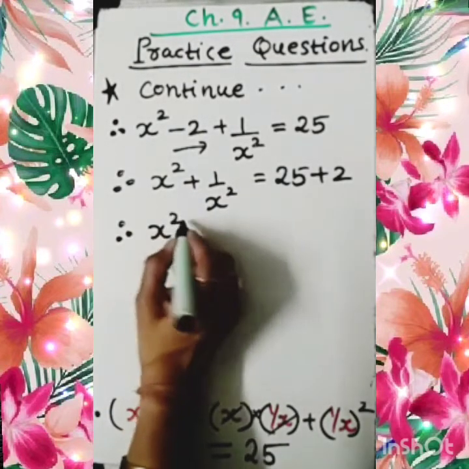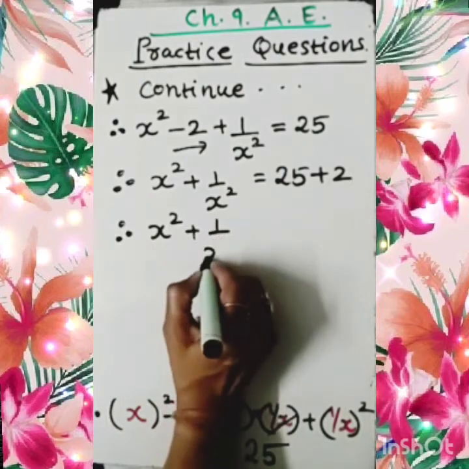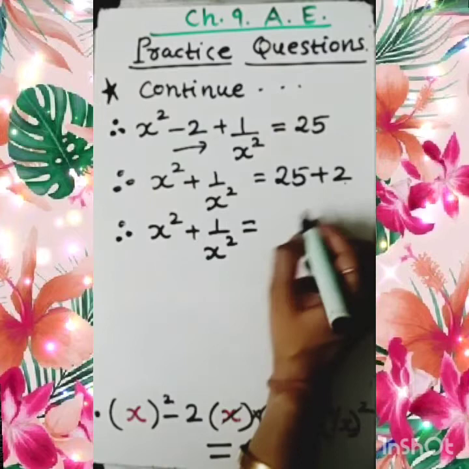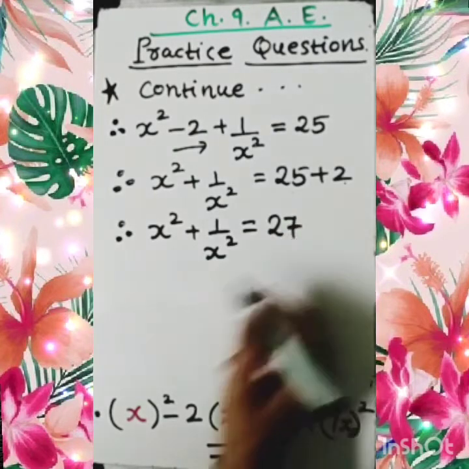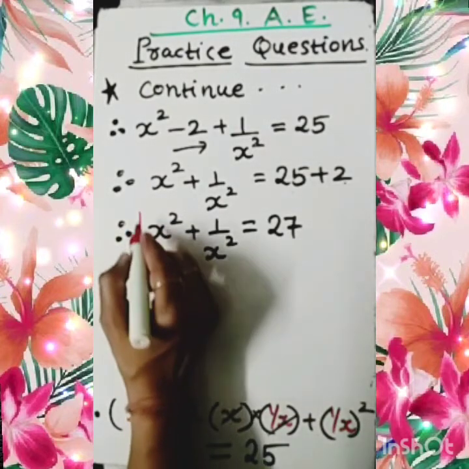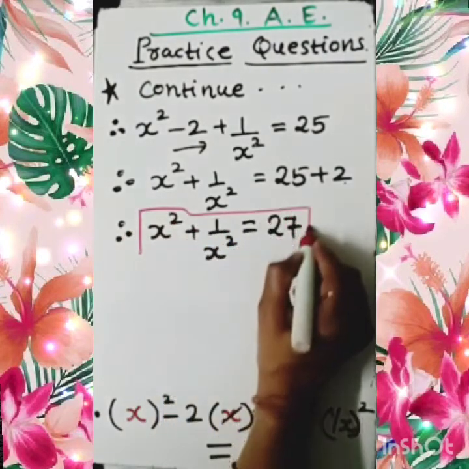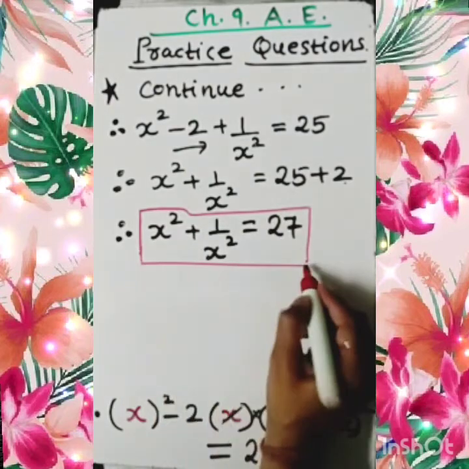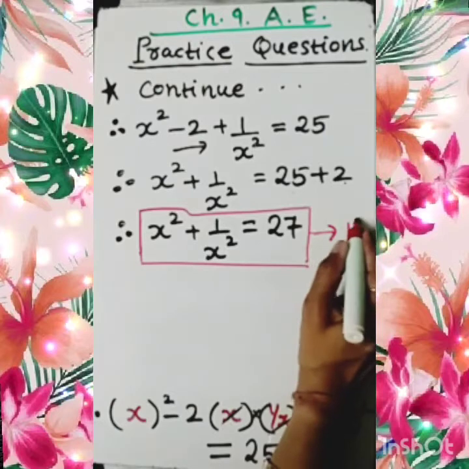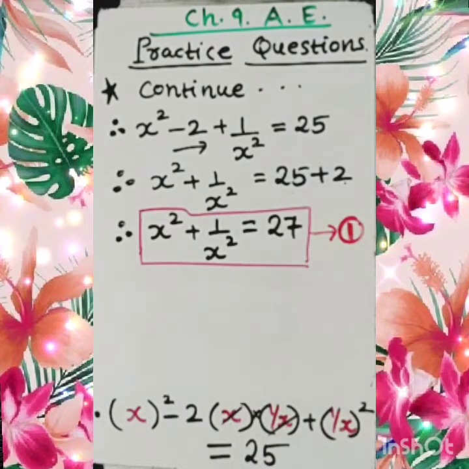So dear student, x square plus 1 upon x square, its value will be 25 plus 2, which gives the result 27. So in the first part, they are asking to find the value of x square plus 1 upon x square, and that is coming 27. That is result number 1.